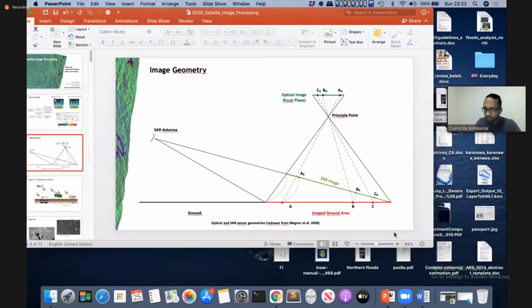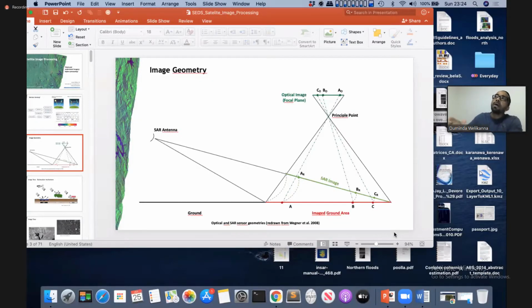So the distance or the spatial relationship between buildings can be taken only along the ground range, not on the slant range. That's why we have to convert the slant range into ground range. In that case, we use cos theta, where theta is the incidence angle, the angle between the perpendicular at the ground and the line of sight.